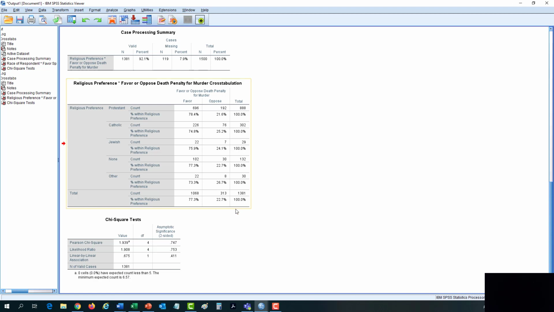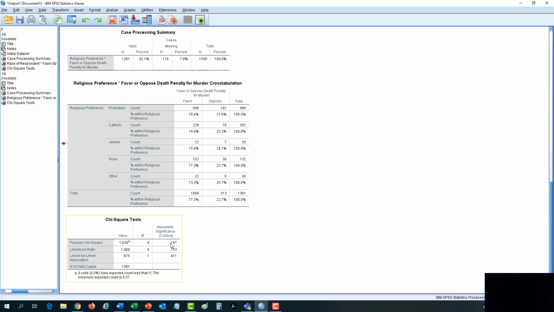Okay, and then down here is our little chi-square table. And this is also good because check it out. The Pearson chi-square row all the way over here, the significance number is 0.747. And hey, you know what? That is not less than 0.05. So, you know, you point out everything that you pointed out in the cross tabulation table.